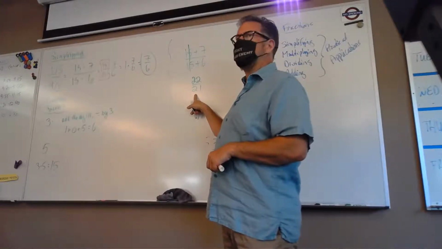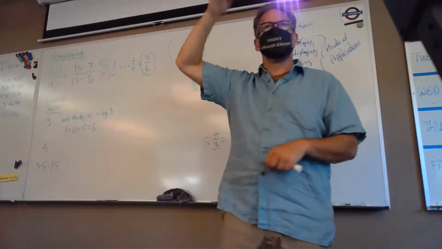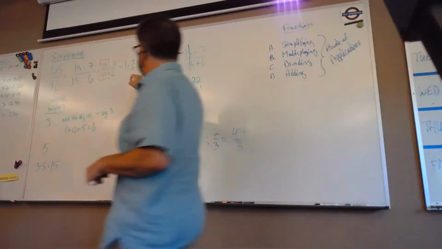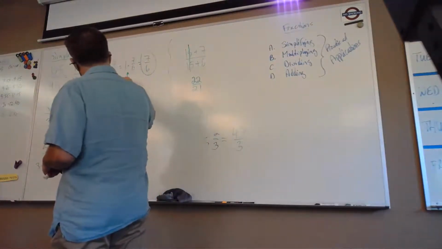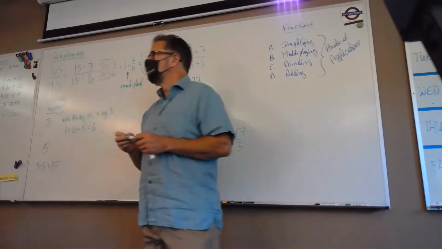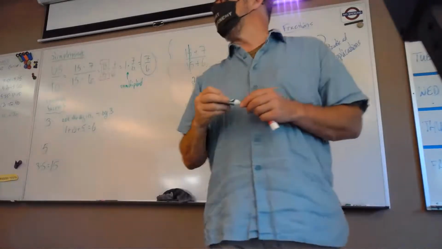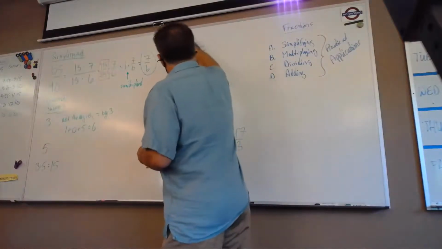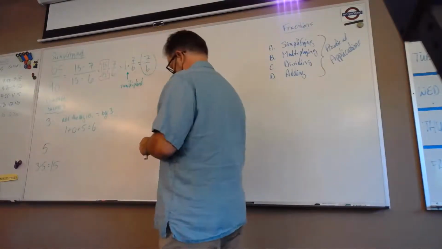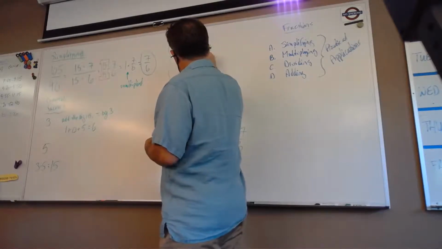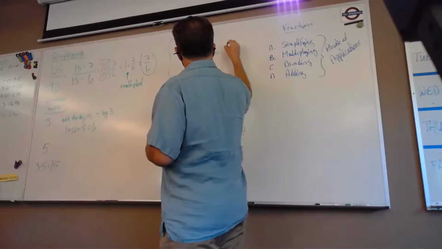The only reason that you can cross off things that are on the top and the bottom is because you're rewriting it as multiplied. One way to think of this, if you want to think of this as PEMDAS, which I know we all love, this is a divide, right?